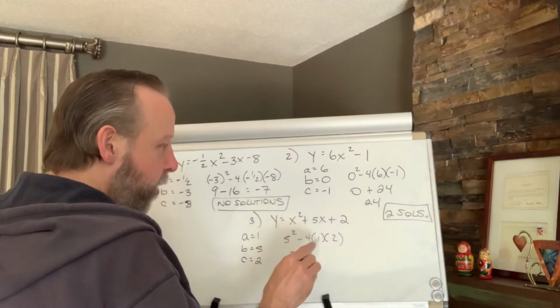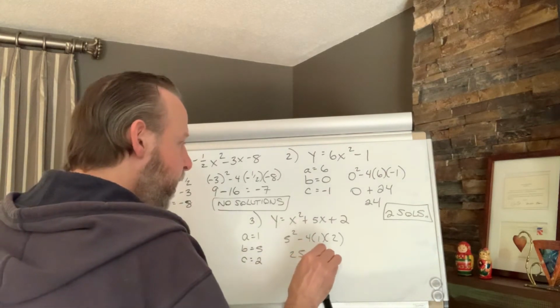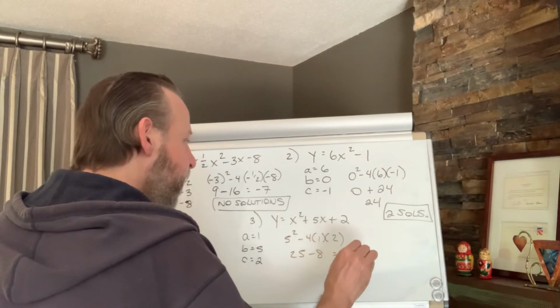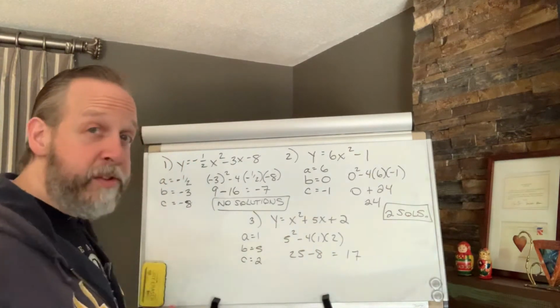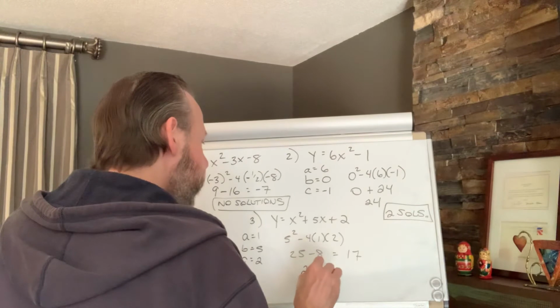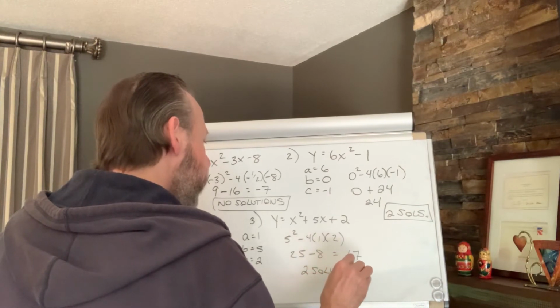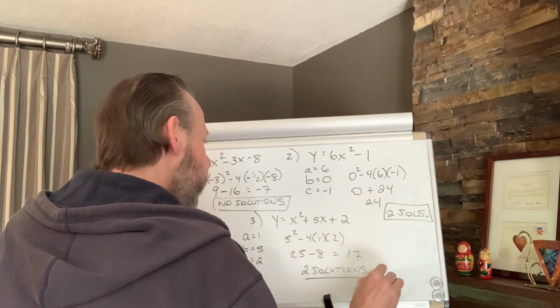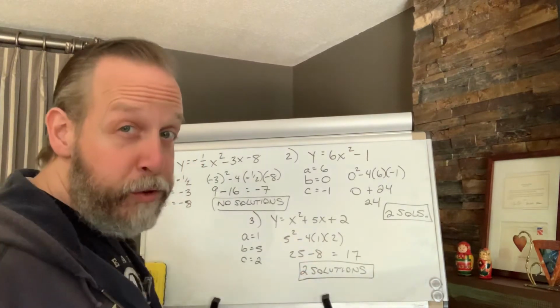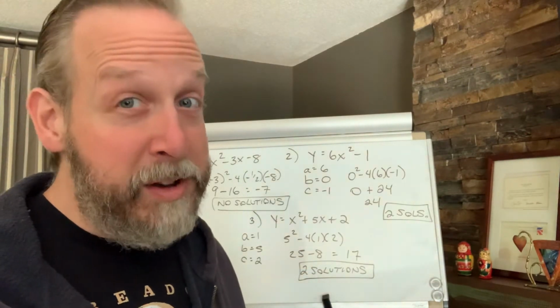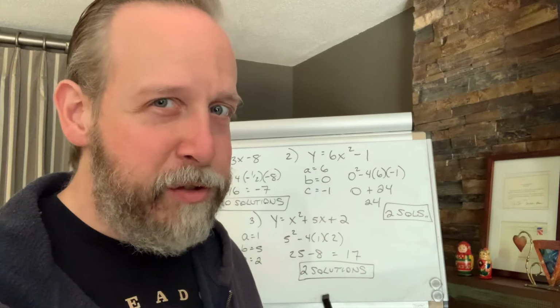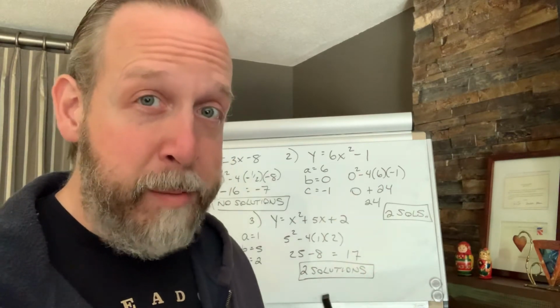Negative 4 times 1 is negative 4, times 2 is negative 8, and that's 17. Oh, look, it's another positive number. That means that there are 2 solutions here as well. Don't assume just because there's 3 prompts and there's 3 types of answers that I'm giving you one of each. That one was not a 1 solution problem, it was 2.